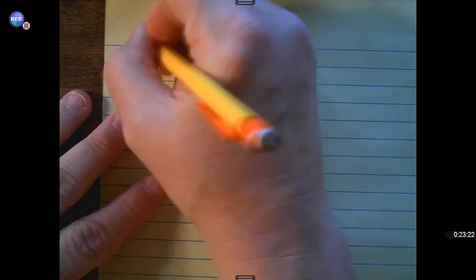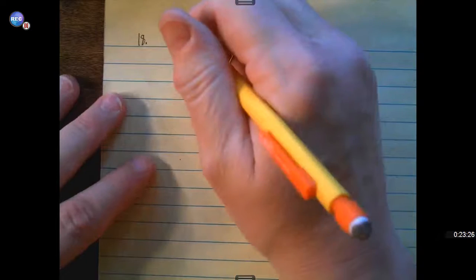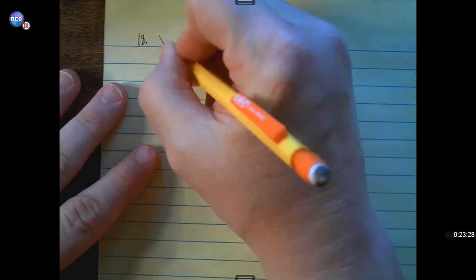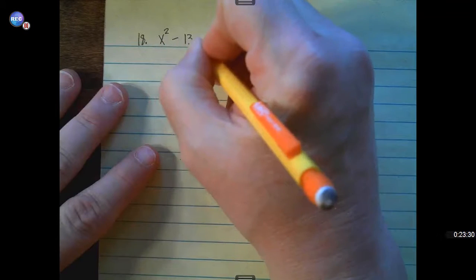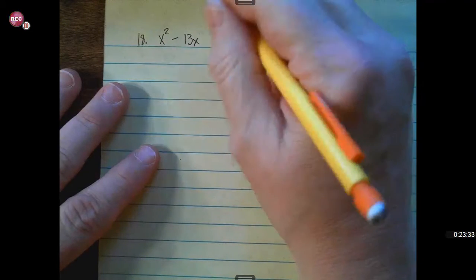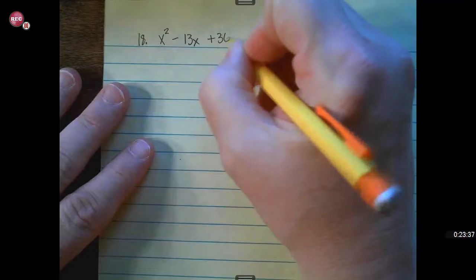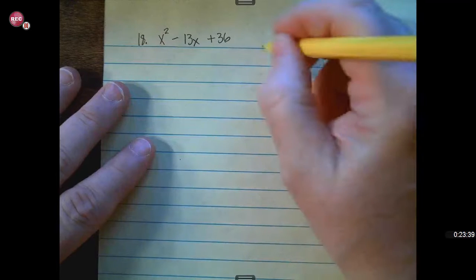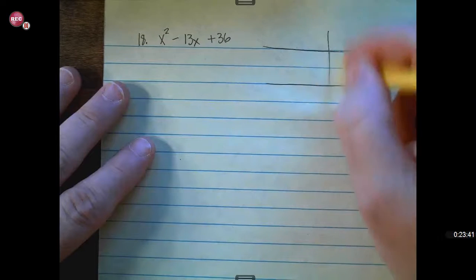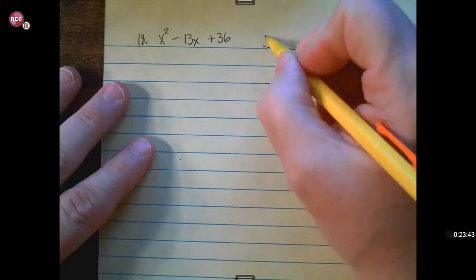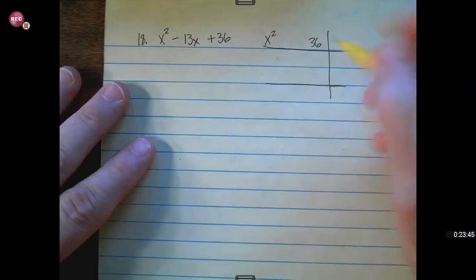Number 18, we have x squared minus 13x plus 36. No greatest common factor. Straight to our factor puzzle. x squared, 36, negative 13x.